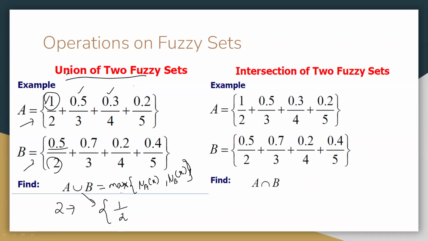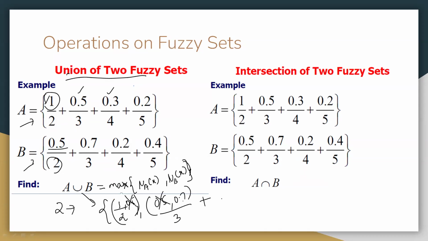Similarly, that is the first one we have taken. Now for the second element 3, we have 0.5 as well as 0.7, and we did not take 0.5, so it will be 0.7 upon 3.